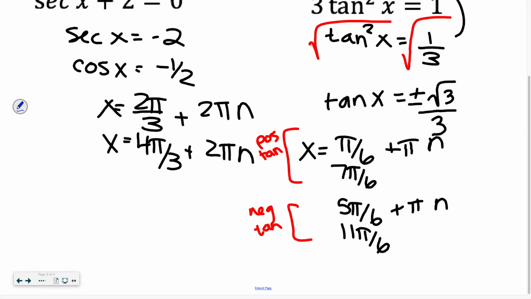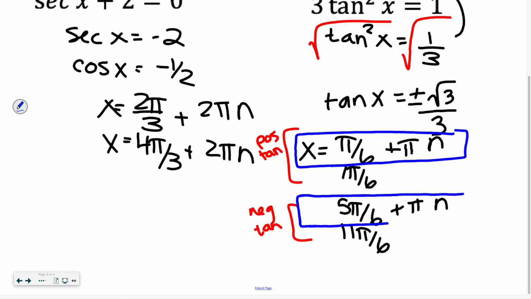So even though there's technically all 4 angles that we would want to do the coterminals for, if you look at the answer in the back of the book, you're probably going to see pi 6 plus pi n and 5 pi 6 plus pi n, because that hits every single pi 6 angle as we go around. Okay. So this is the answer from the book.